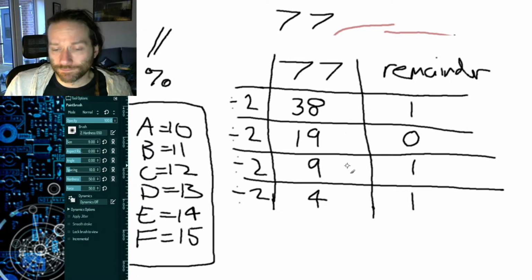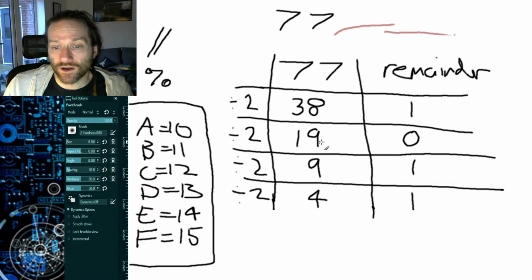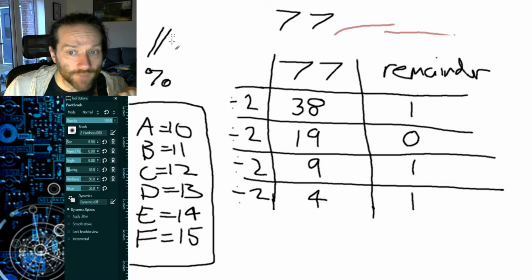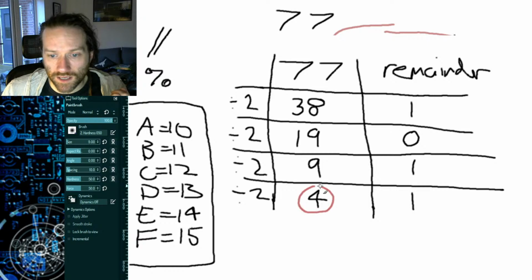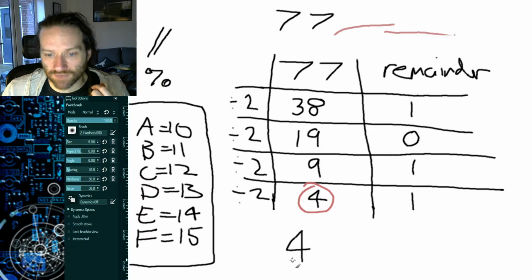And so 9 divided by 2 is the same as 19 divided by 4, the same as 38 divided by 8, the same as 77 divided by 16. Therefore this here is our first digit. Our first hexadecimal digit is that 4, because that's the same as dividing by 16.